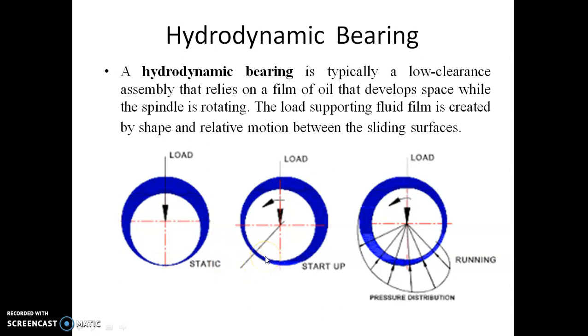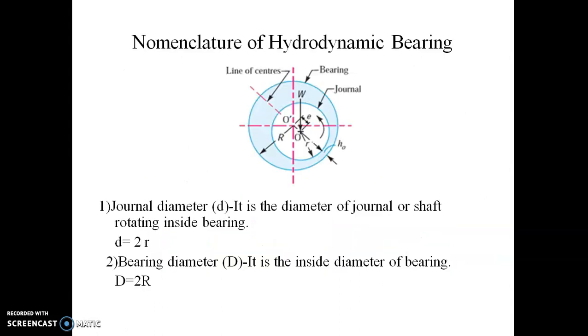Then when the speed increases, a wedge shape is created in which the liquid is forced, and this fluid is under pressure, which separates the shaft and the bearing. The shaft is floating in the bearing. This is the principle of working of hydrodynamic bearing.